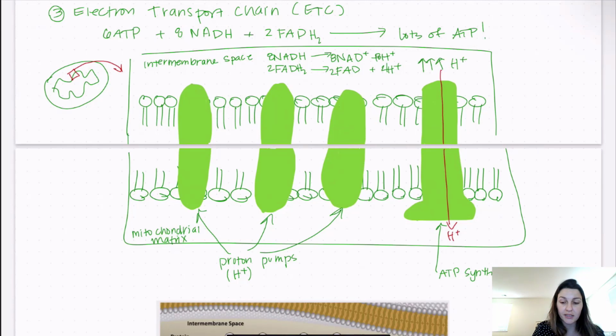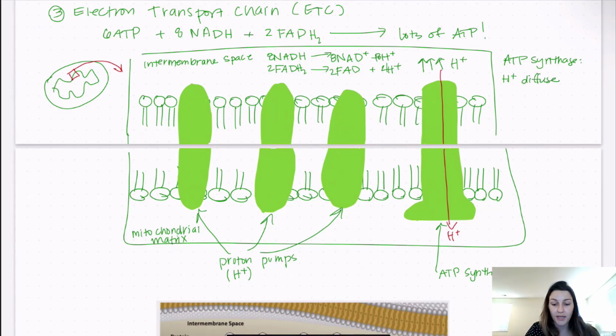That process is diffusion, and that allows for this whole thing to work. When ATP synthase diffuses hydrogen into the mitochondrial matrix, this gives enough energy to make ATP. So let me write that down. When ATP synthase hydrogen ions diffuse.